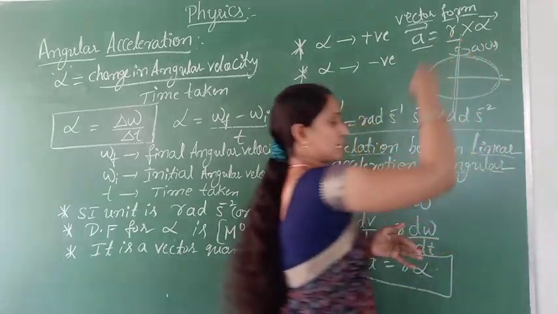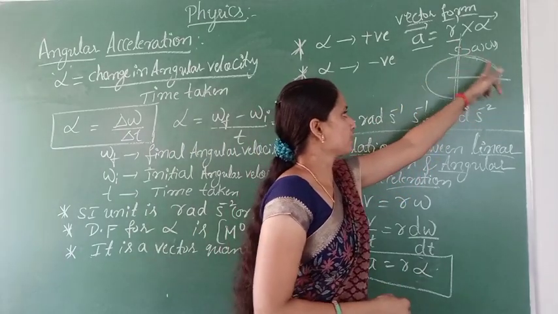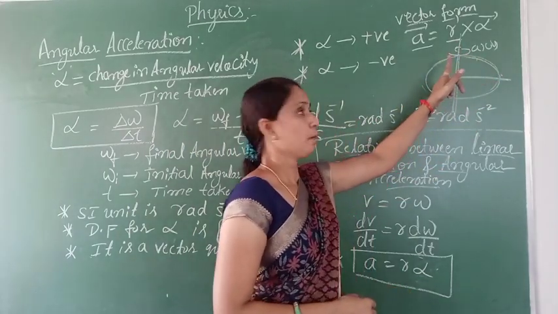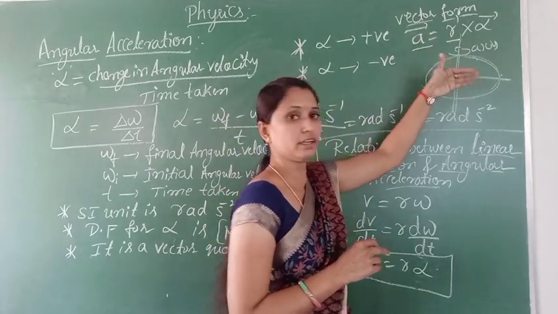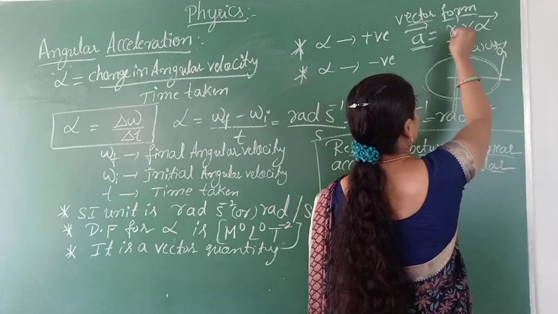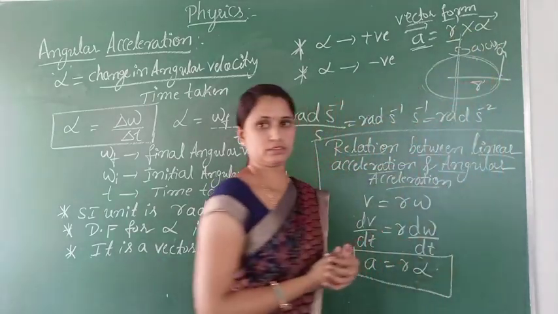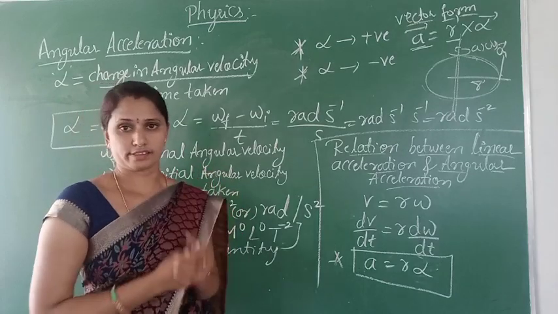The object is rotating around its circular path, but angular acceleration is always perpendicular to the plane containing the linear acceleration a and the radius vector r. This is the direction of angular acceleration.